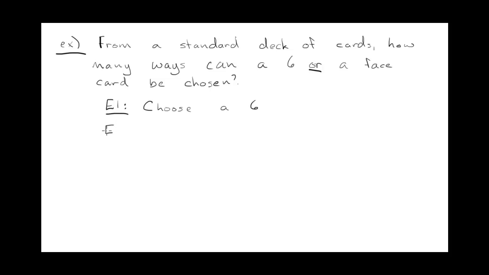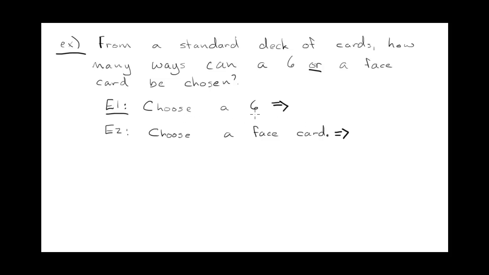And event 2 is you choose a face card. So we just have to look at how many ways can each of these happen. So how many ways could you choose a 6? How many ways could you choose a face card?